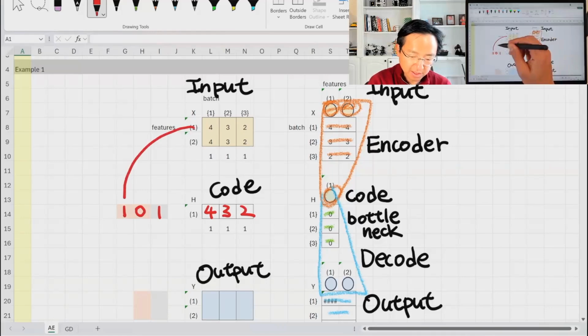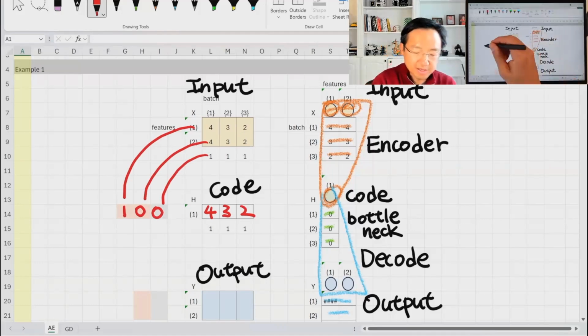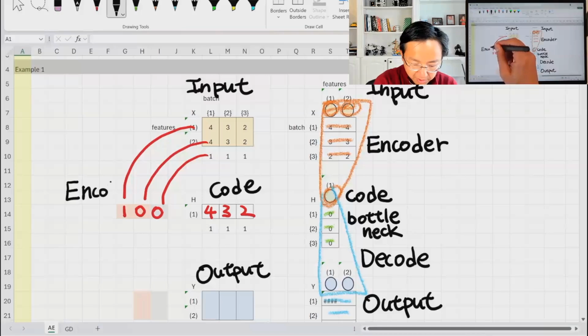So this is a way I could do 4 times 1, 4 times 0, and 1 times 1 for the bias. Actually, I don't want to add any bias, so the bias is actually 0. So I end up getting 4, 3, 2. I kind of did it by hand. If I would just write a very simple encoder here, it turns out this set of weights is a very, very simple encoder.